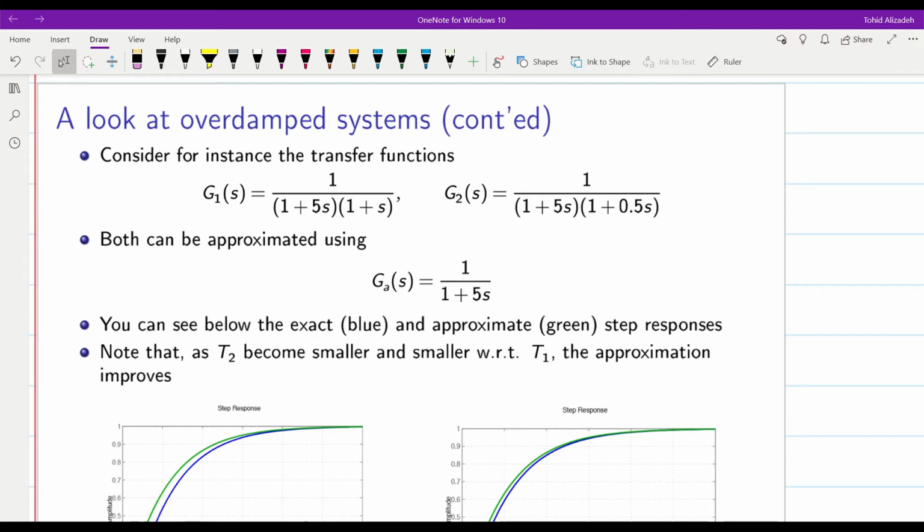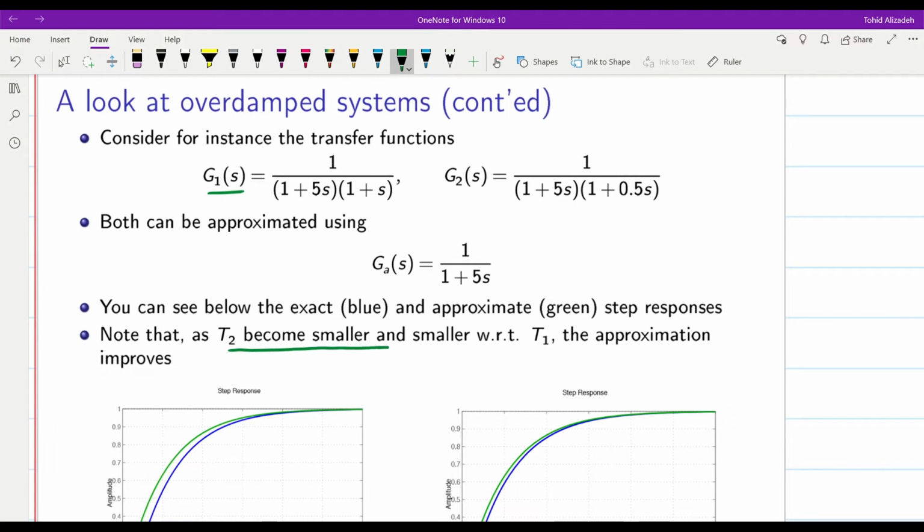Over here we have two examples. For G1 we have 1 over (1 plus 5s) times (1 plus s), and for G2 we have 1 over (1 plus 5s) times (1 plus 0.5s). This example will show us that as the difference between T1 and T2 increases, as T2 becomes smaller and smaller with respect to T1, the approximation will improve.